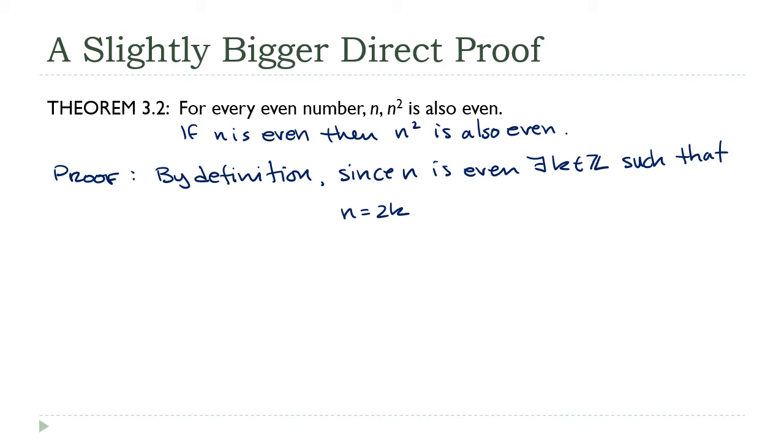Now, what I want to talk about is n squared. So what is n squared? Therefore, n squared equals (2k) squared, which is 4k squared. Now, this is looking good, but at this point I'm really trying to be explicit when I'm doing these proofs. So I really want to make n squared look like 2 times something, and I can do that just by rewriting the 4.